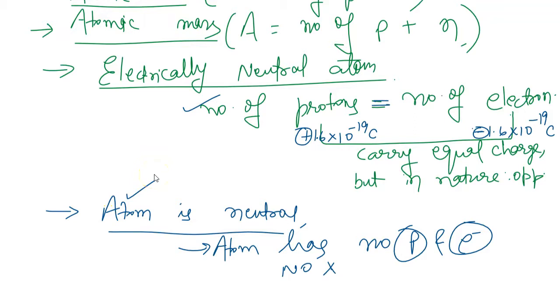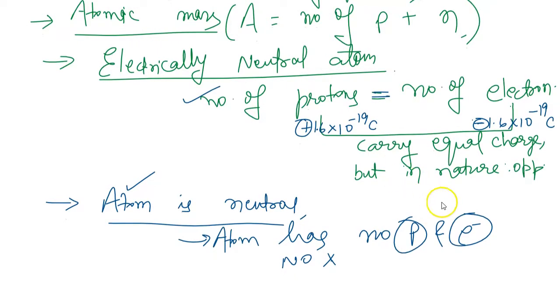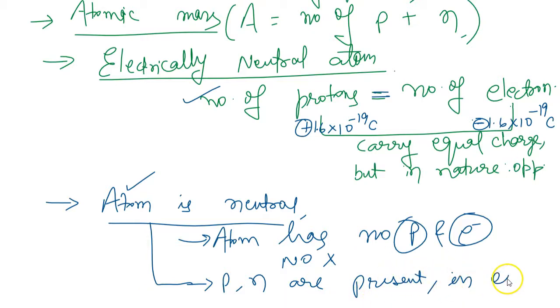It is impossible for an atom to exist without fundamental particles. So they may be present, but in equal amounts. Like if an atom has 10 protons, it is called an electrically neutral atom, then definitely 10 electrons will be there. I am talking about a neutral atom.